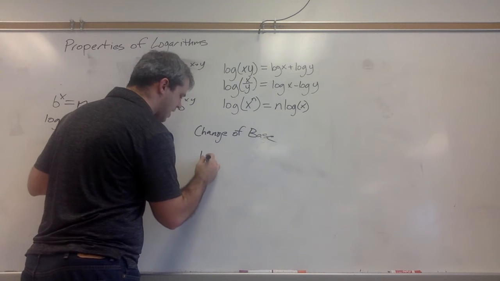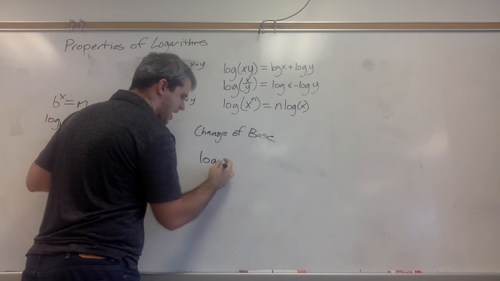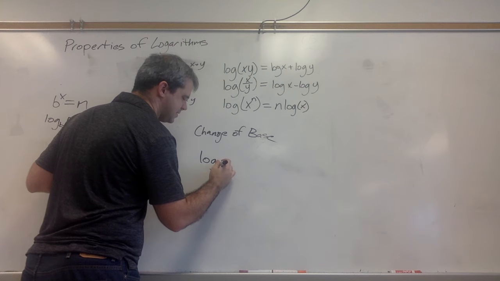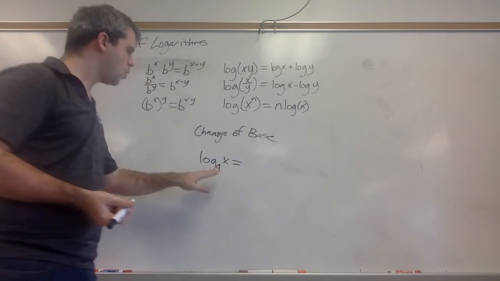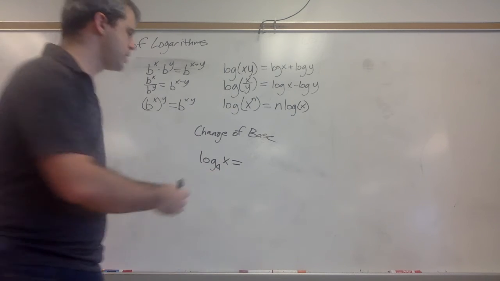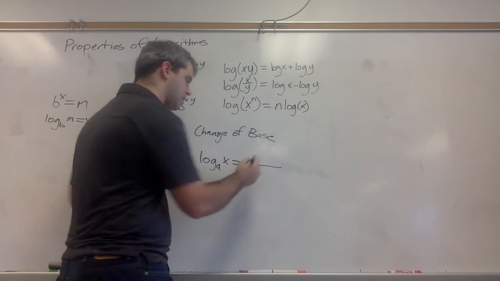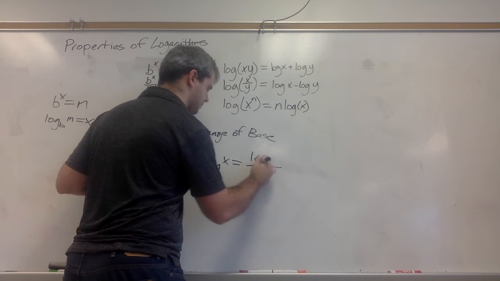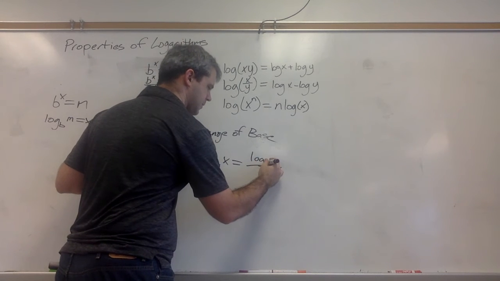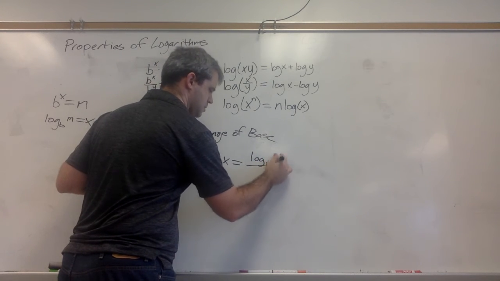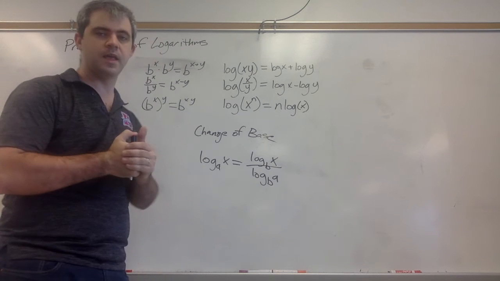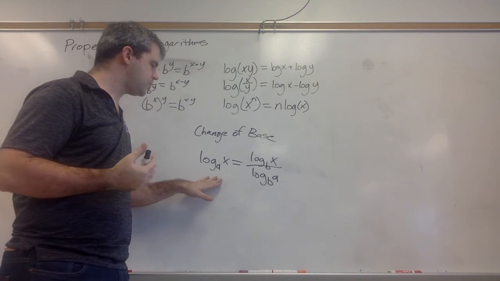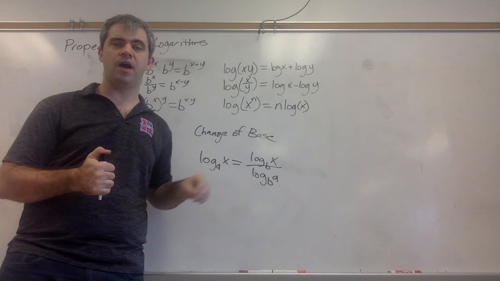So let's say I've got a logarithm and it's base a. Doesn't really matter. I can rewrite this as a ratio of two logarithms. Now, I'm not going to give you the why on this right now.